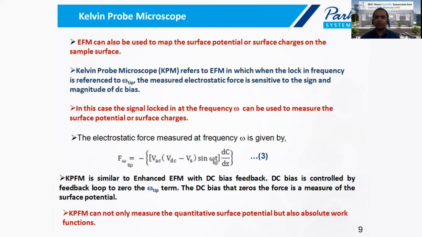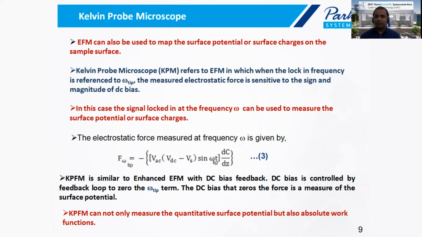So whenever the force goes down to 0, we map that DC bias at every point or at every pixel of your image, and then you get a complete image of the DC bias that had been applied where the electrostatic force went down to zero.